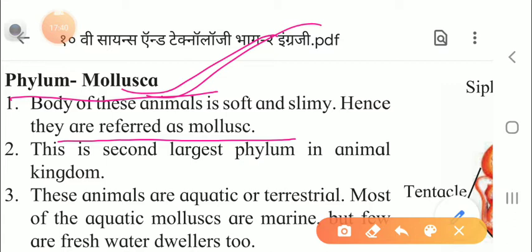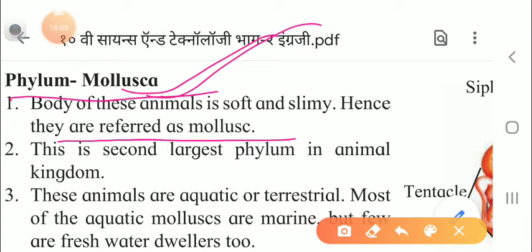The second thing is that it is the second largest phylum in the animal kingdom. So what is first? Arthropoda. Just now you have studied, children, that planet Earth has the highest number of animals from this phylum.